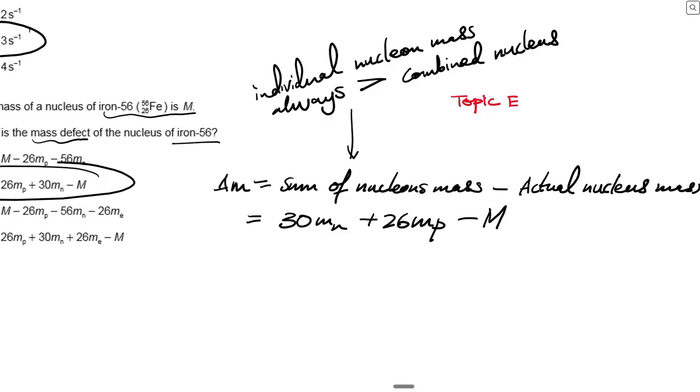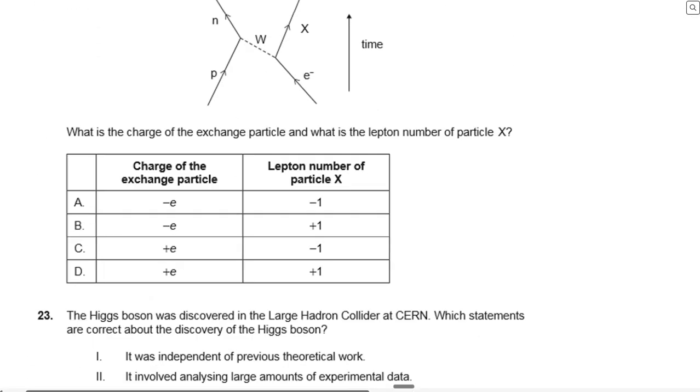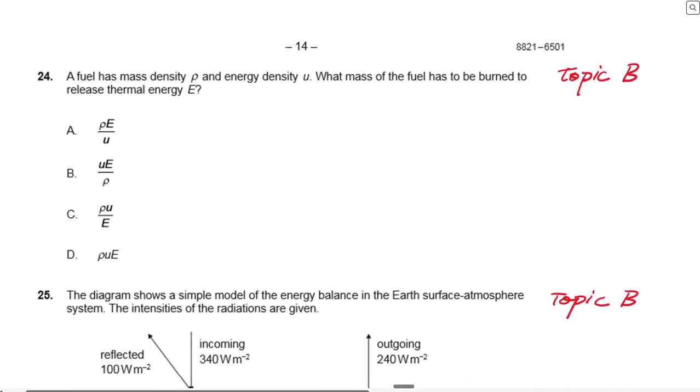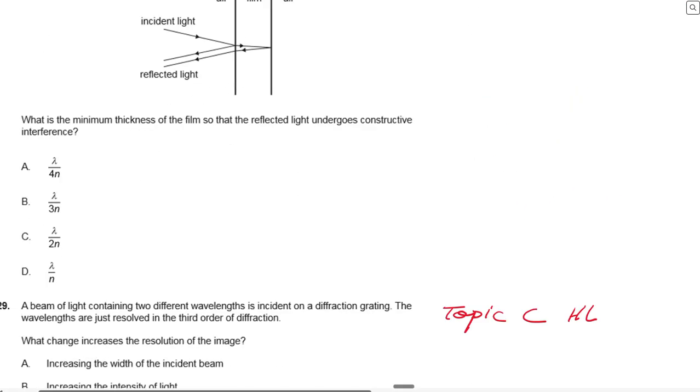That binding energy. So the difference in mass creates our binding energy, which comes from E is equal to mc squared. So let's move on to 20. This is topic B. Let's move on to topic E.